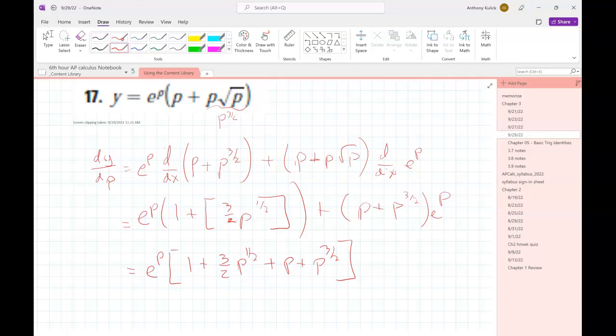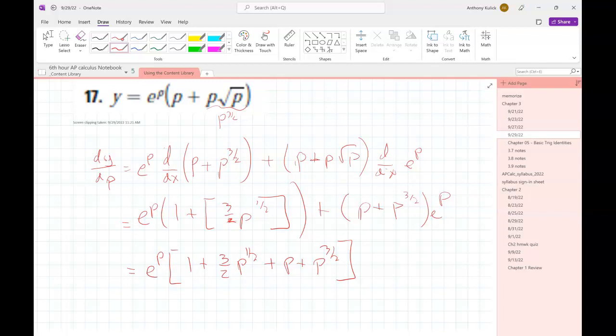Paul, in general, what I tell you is if the calculus is done, and on the AP exam, like on a free response question, if the calculus is done, then so are you. Don't waste your time trying to make the algebraic expression as pretty as possible. Unless it's like, show that this derivative is equal to this, in which case you know when you're done because you need to get to what it's supposed to equal.